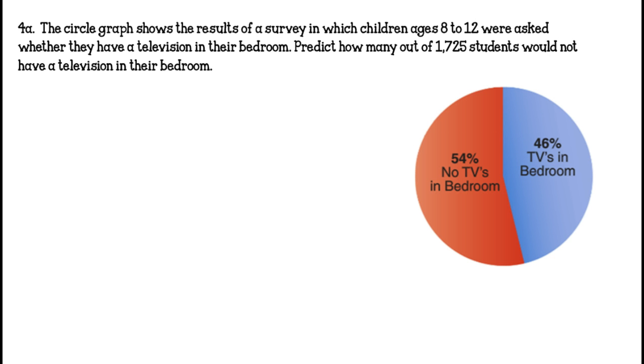For A, the circle graph shows the results of a survey in which children ages 8 to 12 were asked whether they have a television in their bedroom. Predict how many out of 1,725 students would not have a television in their bedroom. So we first look at this and say who would not have a television in their bedroom. That's 54%.